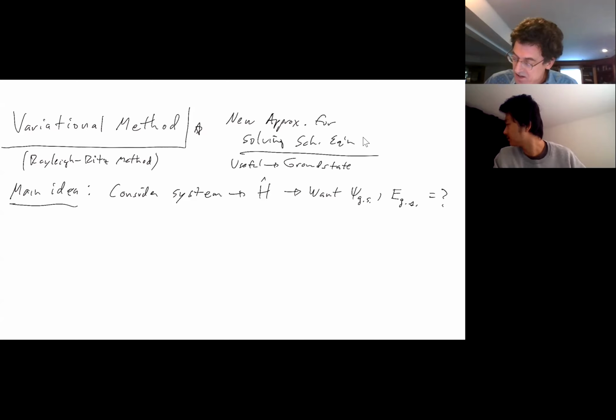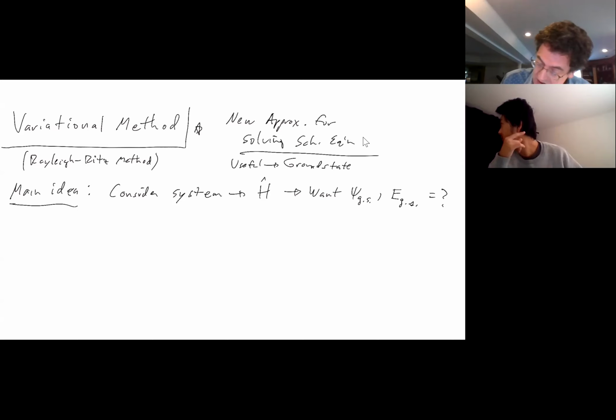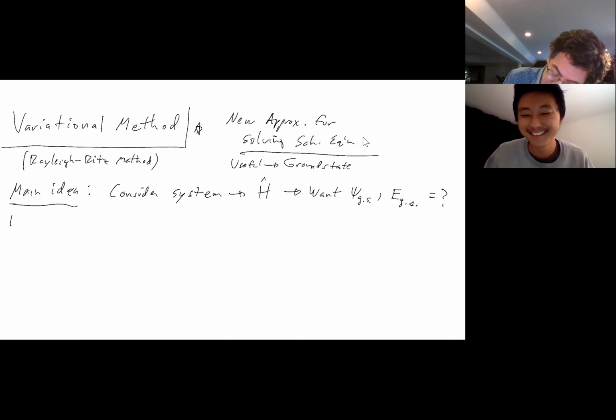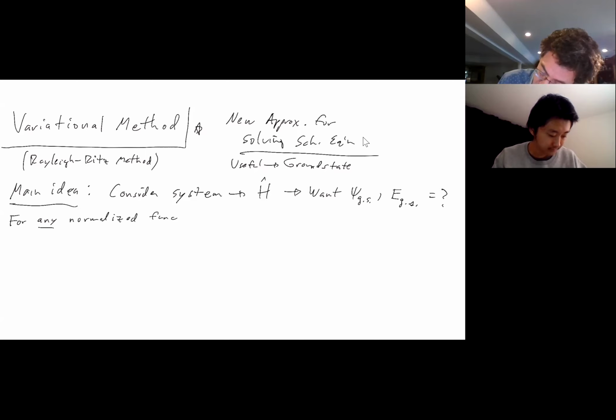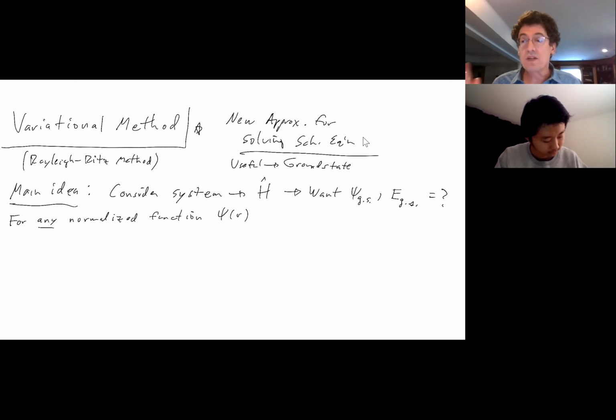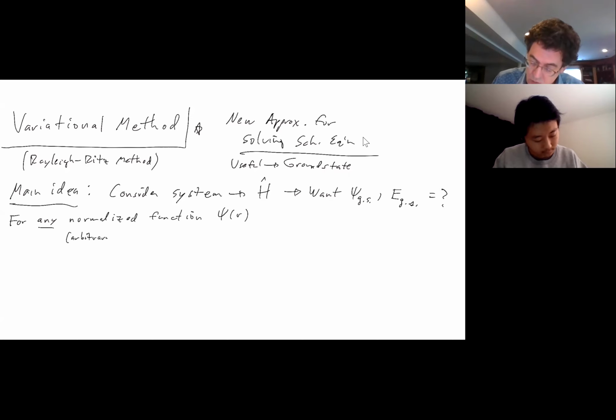And so the idea is, if we have some system described by some Hamiltonian, then for any normalized function that I can write as psi of r, you should think in your head, that's some arbitrary state, some arbitrary wave function.